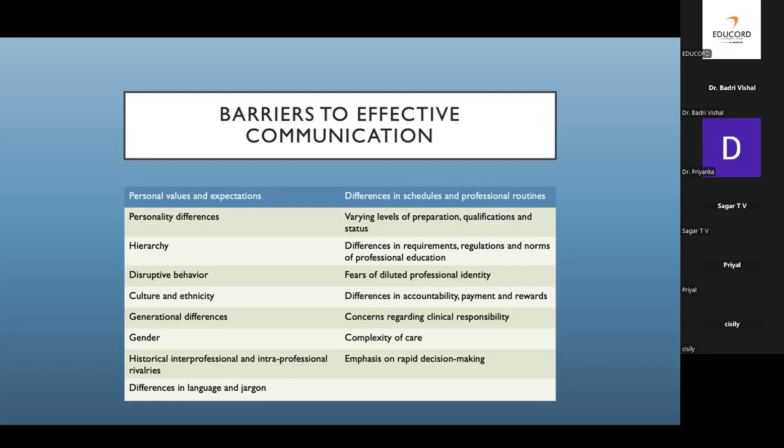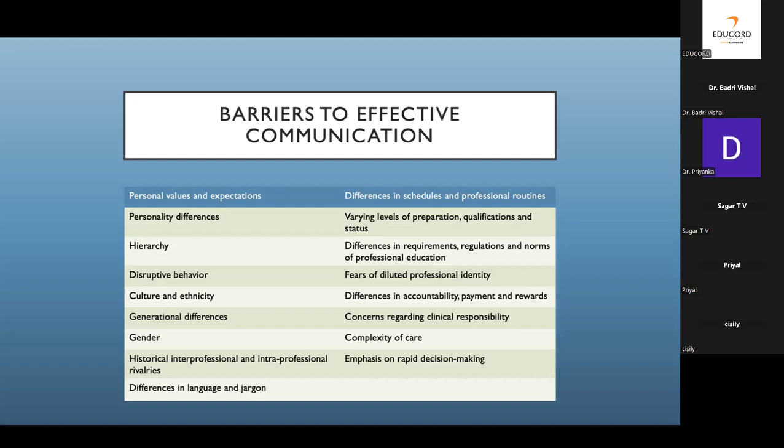Or interprofessional rivalries like homeopathic, allopathic and ayurvedic medicines. These are all problems because of ineffective communication.